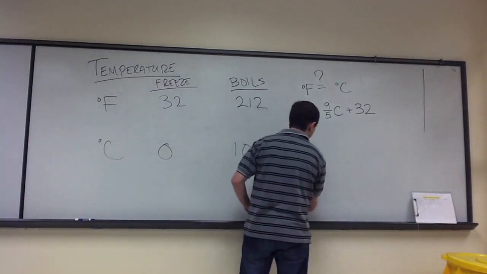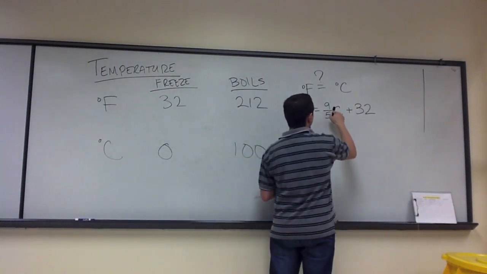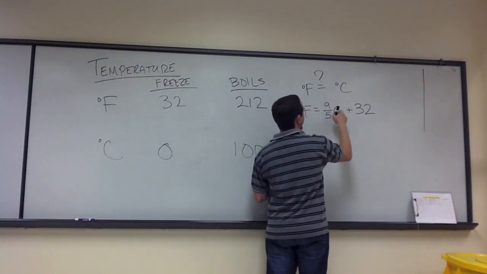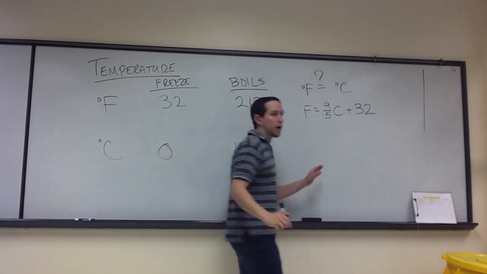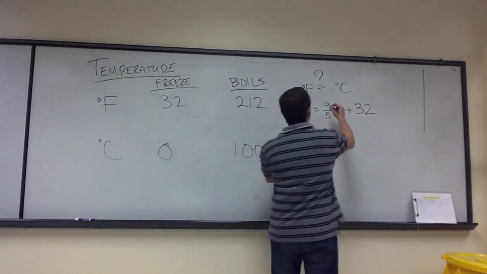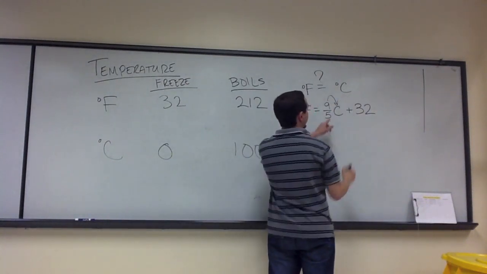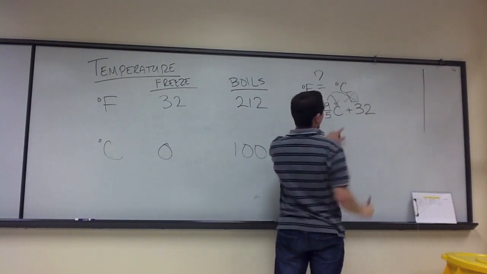Now, a couple of things to note. First and foremost, this 9/5 is multiplied by C and C only, because there are no parentheses surrounding the C plus the 32. Okay? So that means this 9/5 only applies to my degrees Celsius. It does not apply to that 32.